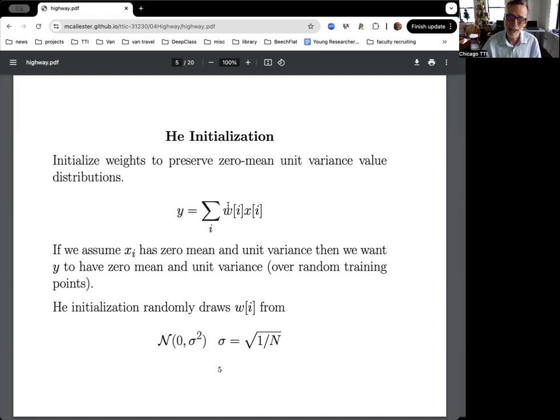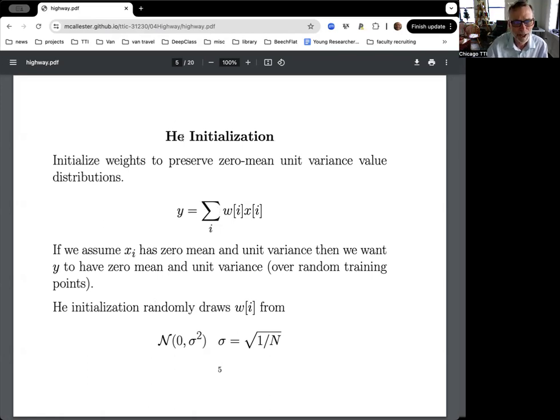Now, when you initialize a neural network, you initialize the weights randomly, but you can control the scale or size of those weights. And we want the scale of those weights adjusted such that at initialization time, at least, the values of y are not being amplified or diminished as you go through layers of the network.